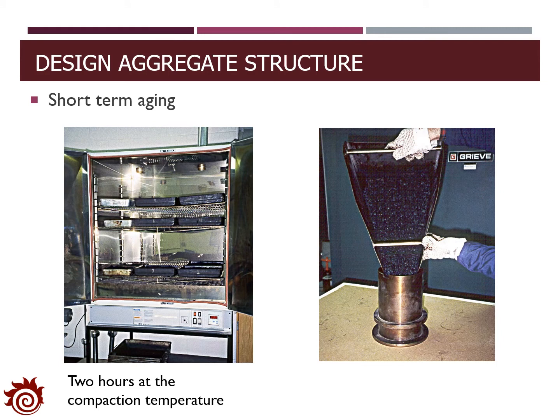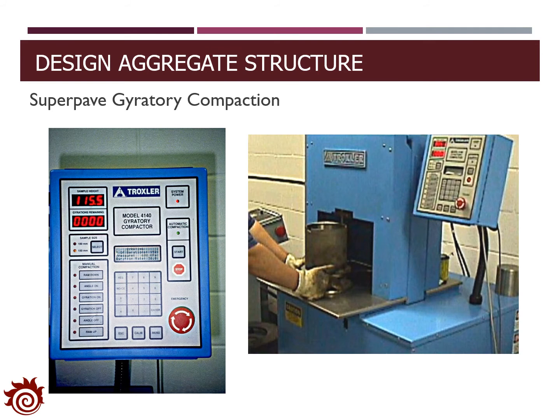After the mixing with the asphalt binder, the samples will be stored in the oven at the compaction temperature for 2 hours, and this step is applied to reproduce the short-term aging effect. After 2 hours, the samples will be moved out from the oven and stored in the mold for the compaction. The specimen compaction is conducted by a gyratory compactor.